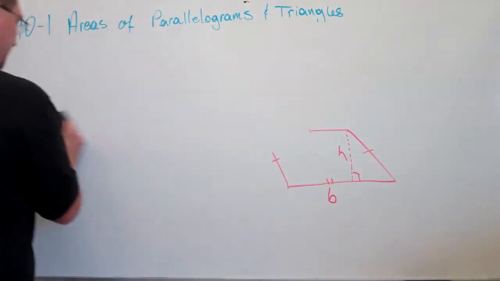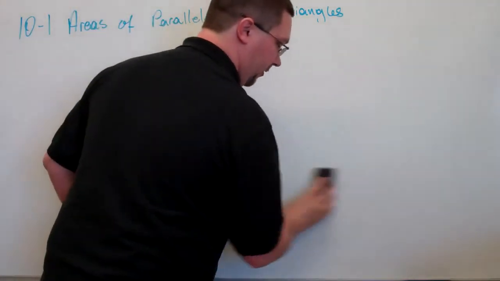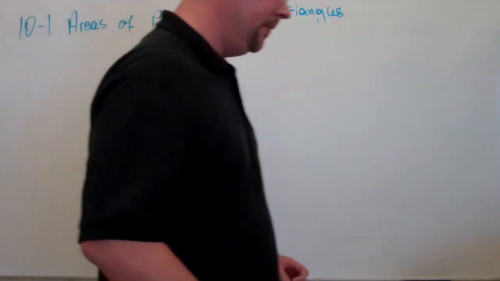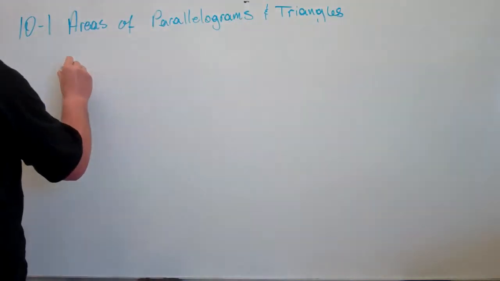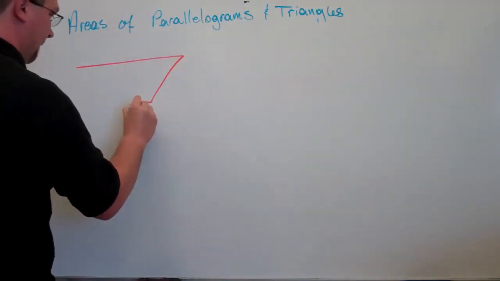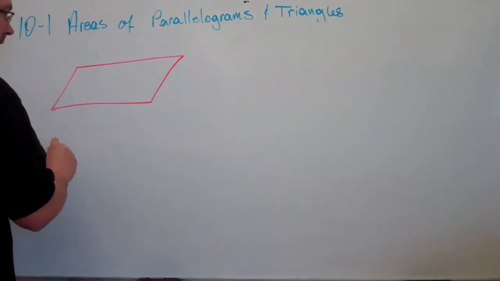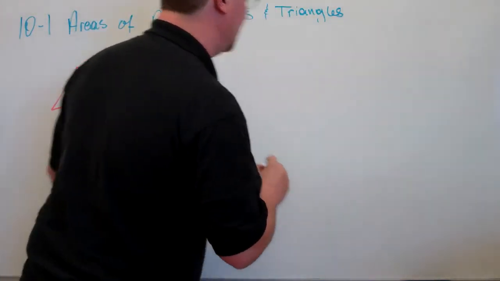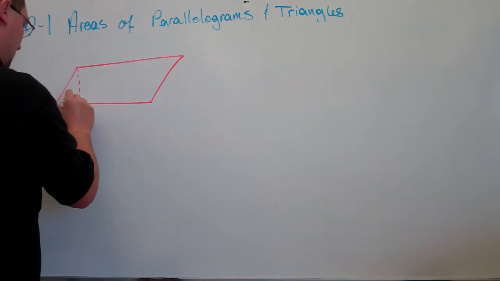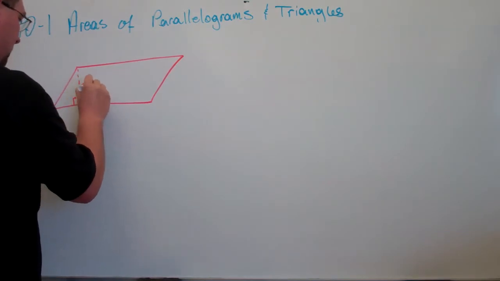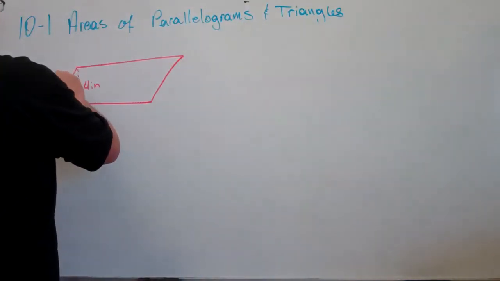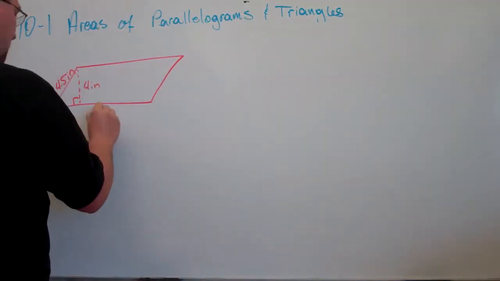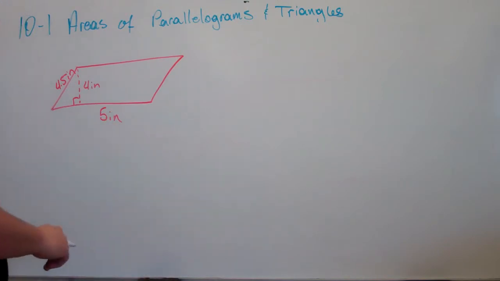I'm not going to do too much with area of a rectangle because I know all of y'all know that. So, here we have a parallelogram. This is 4 inches. This side is 4.5 inches. And the base here is 5 inches.